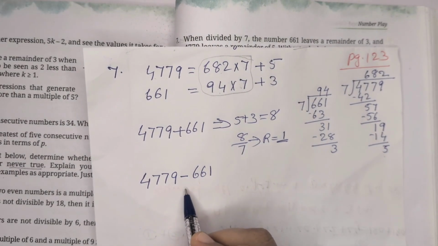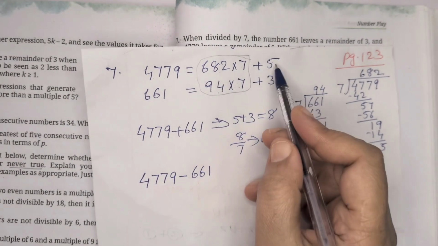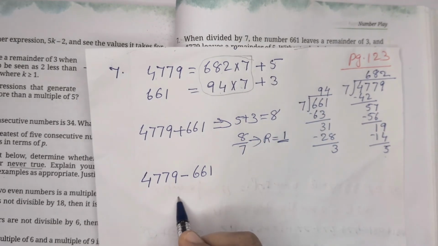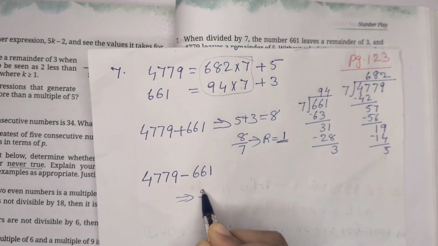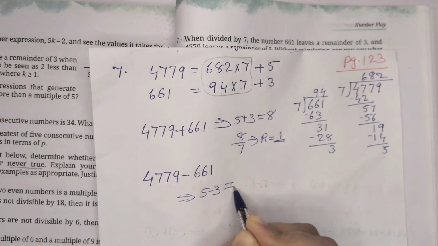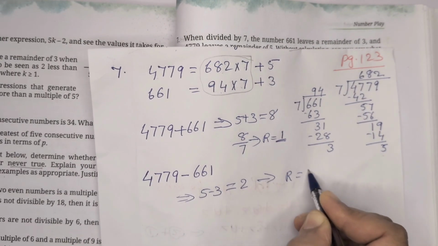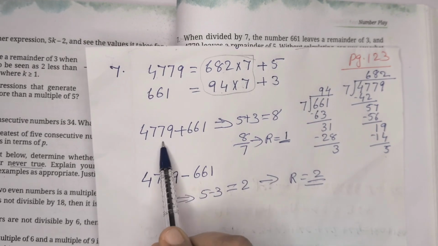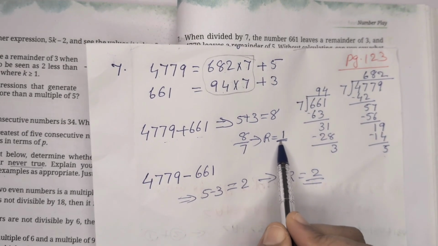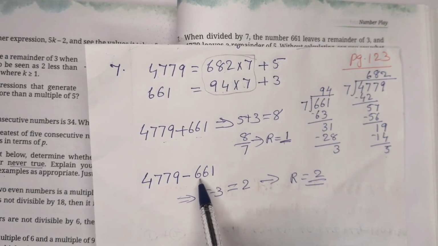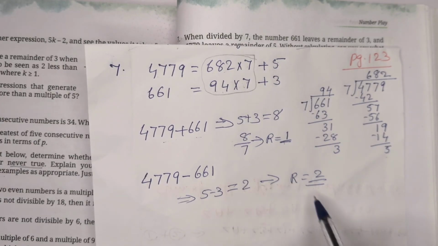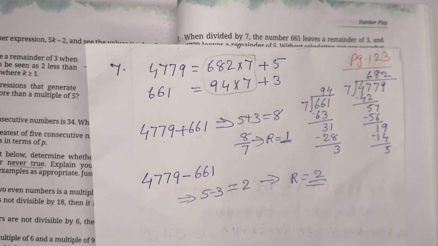Here we are doing the subtraction. Remainder is 5, 5 minus 3, that is equal to 2. So in this case, remainder is equal to 2. When we are doing the addition, remainder is equal to 1. And when we are doing the subtraction of these two numbers, remainder is equal to 2.